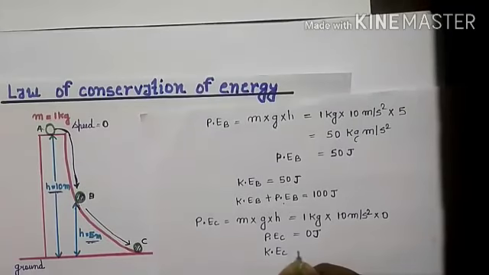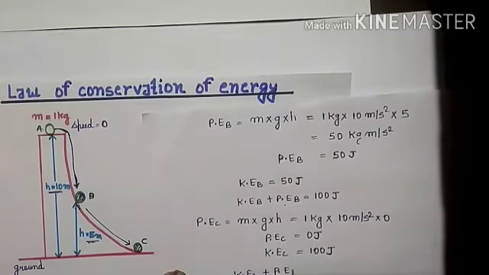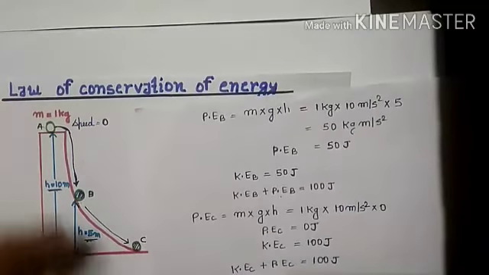Now what will be the kinetic energy? As we know, the sum of potential and kinetic energy is constant at every point A, B, C. So the total is equal to 100 joule only.